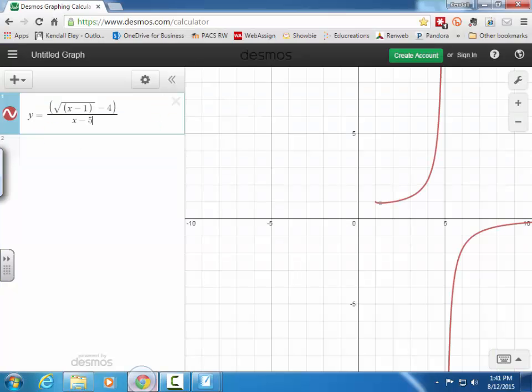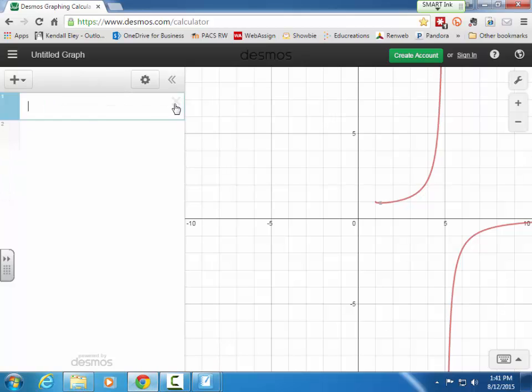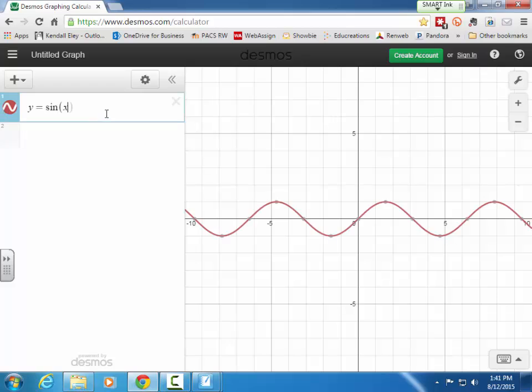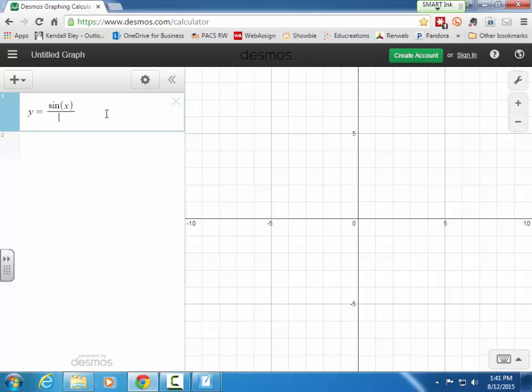If you want to make your head hurt, let's come over here and let's graph this thing. If we graph this, we get y equals sine of x divided by x. All right?